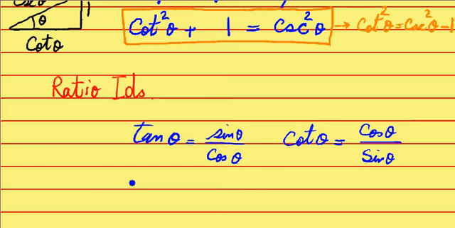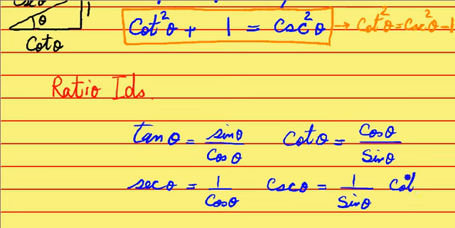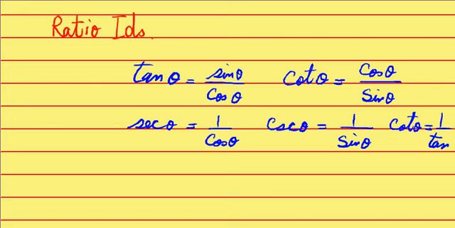What else we get? We got that secant is 1 over cosine. Cosecant is 1 over sine. Cotangent is 1 over tangent. Or you could write it around. You could write cosine is 1 over secant, and so on.